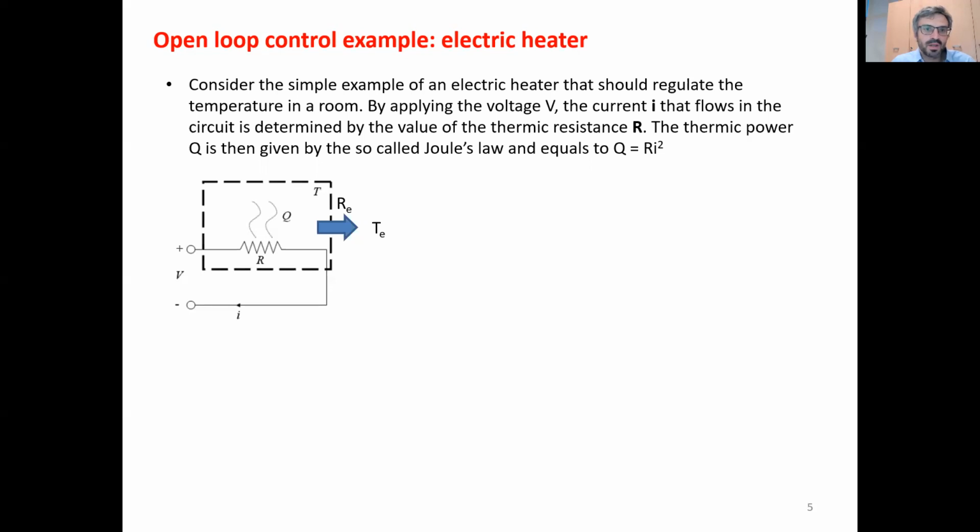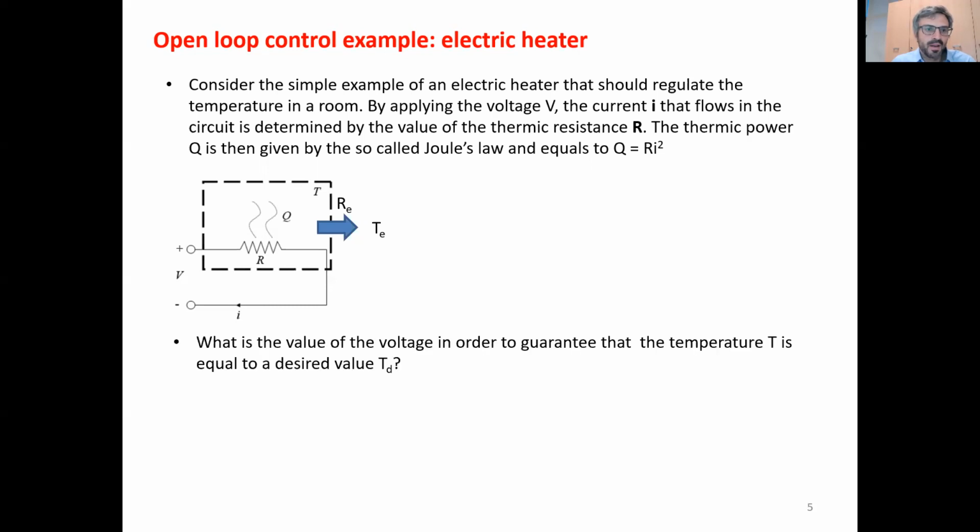The Joule losses are related to R times I squared. To regulate the temperature T inside the room to reach a desired value T_D, we try to apply an open loop control law.